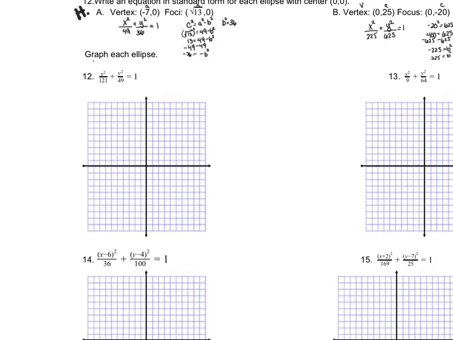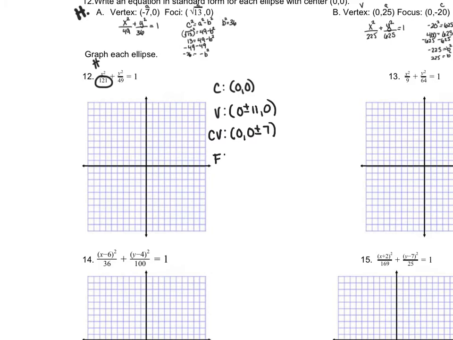So we know that this is horizontal because my bigger number is underneath the x. So my center, I'm going to put it here, is 0, 0. My vertices are at h plus or minus a comma k. So that's 0 plus or minus 11 comma 0. My co-vertices are at h, which is 0, comma k plus or minus b, so 0 plus or minus 7.